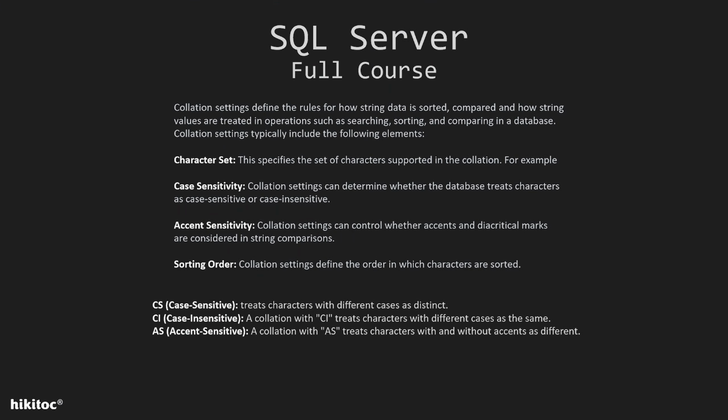And since I mentioned collation, I will briefly explain this topic. The information on your screen will help you understand collation terms and how it works. I would also suggest memorizing the abbreviations CS, CI, and AS, as we will use them throughout this course. In brief, collation defines text sorting and comparison rules in a database.